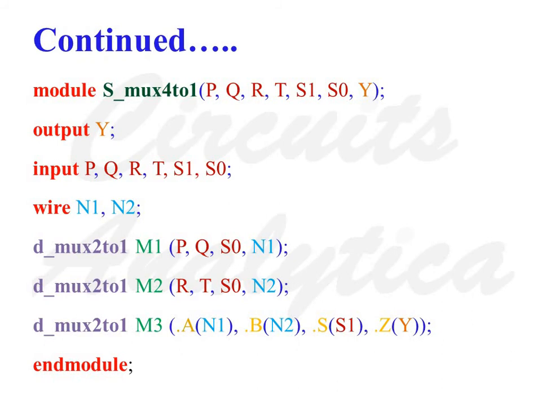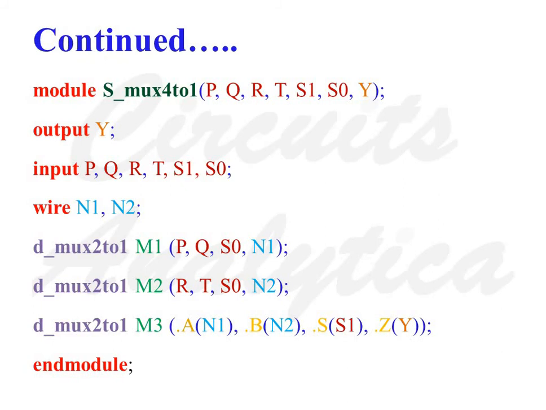Then inside the bracket, the first port of the 2:1 mux which we are using as a component is A. Input channel R is connected to A.